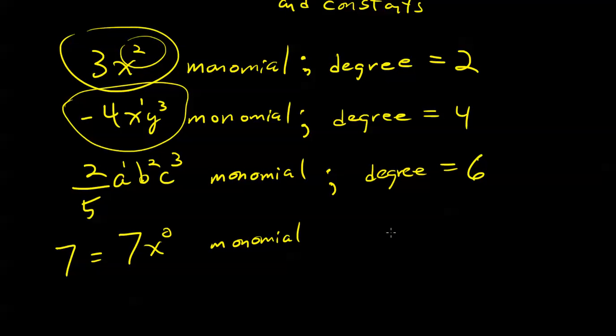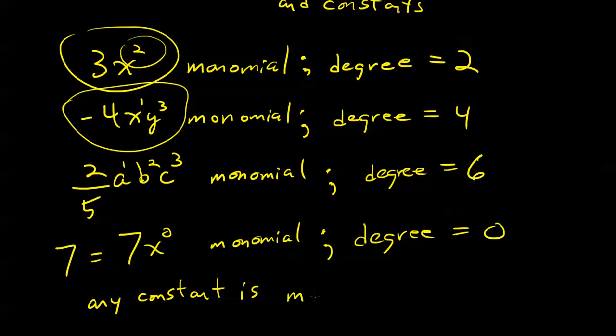Alright, so then I can clearly see a constant is also a monomial of degree 0. So all constants are degree 0 monomials. Let me write that down. Any constant is a monomial of degree 0. Okay.